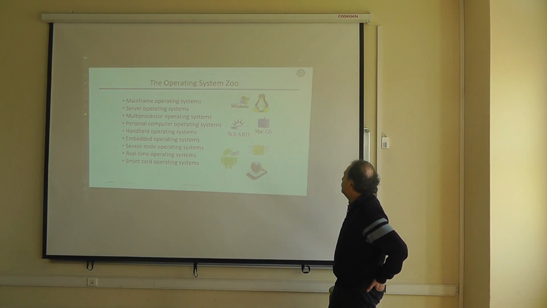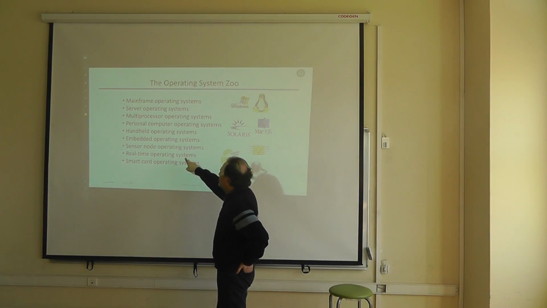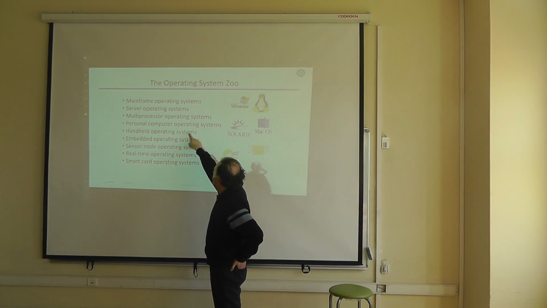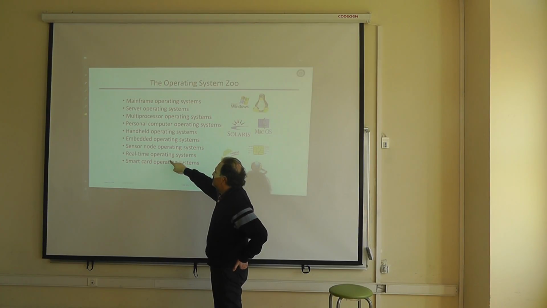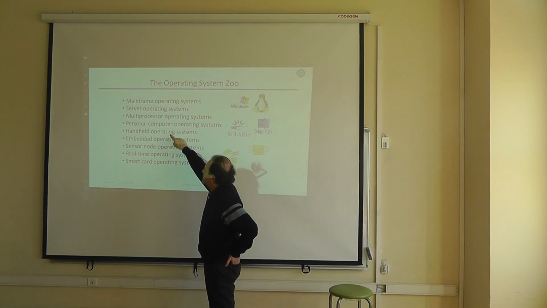each operating system type. There are different types of operating systems other than these. But remember when we talked about real-time operating systems, we said that handheld operating systems, embedded operating systems, sensor node operating systems, and smart card operating systems all intersect.